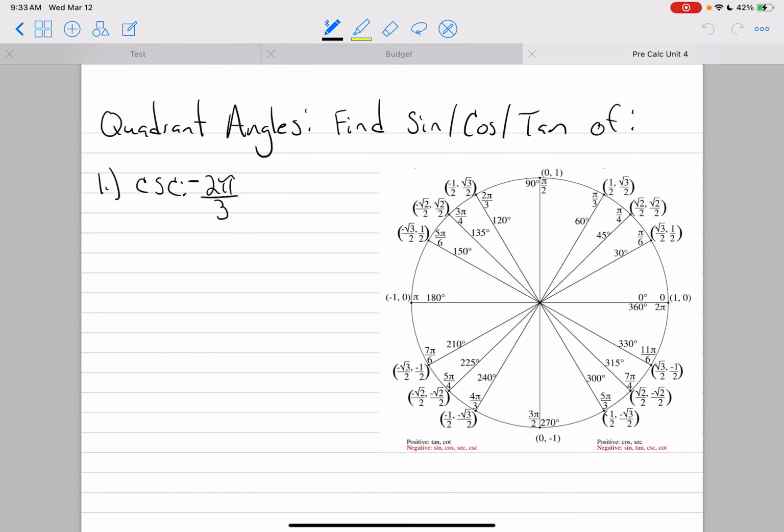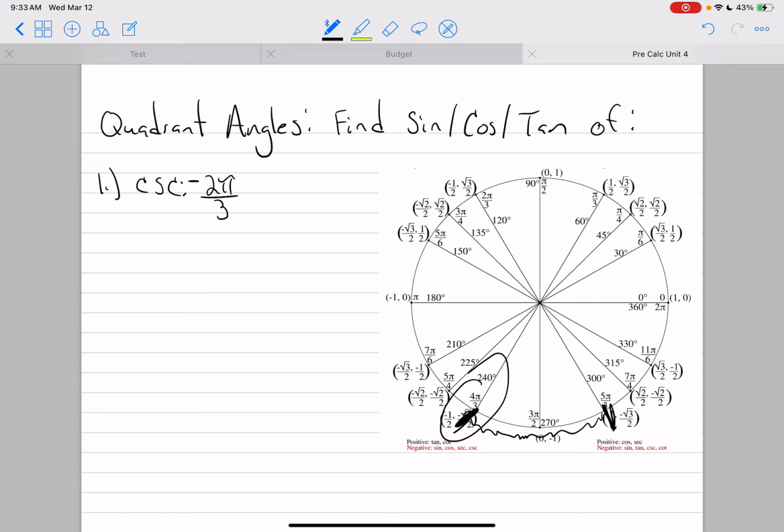Quadrant angles. You're going to need your unit circle. Find the sine and cosine and tangent of the cosecant of negative 2/3. So cool. Let's see. Here is negative 1/3. And here is negative 2/3.